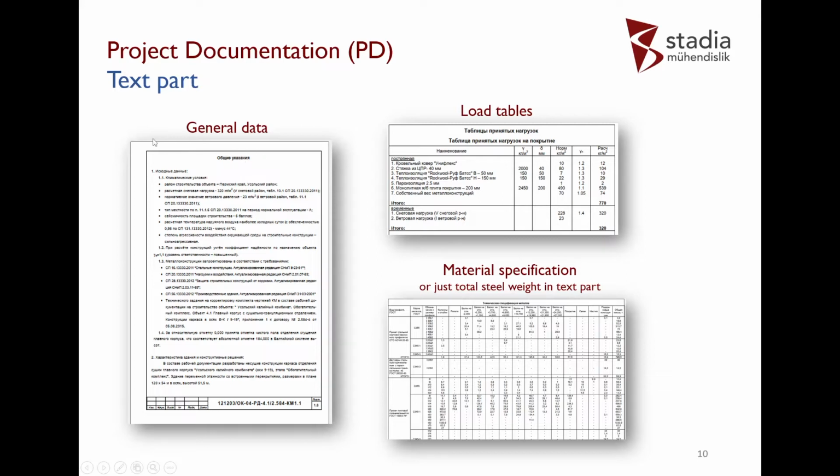Usually all this data is written on A4 format sheets, and in this general data we have all initial data, all climatic loads, all information about the region, all limits for our structural issues. So it's all general notes about our project. You are most probably familiar with this.